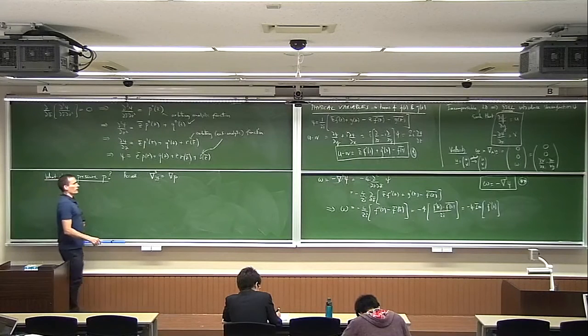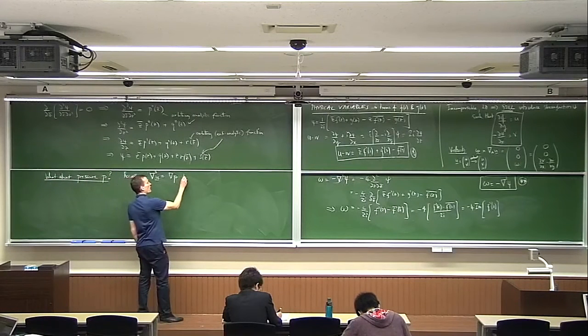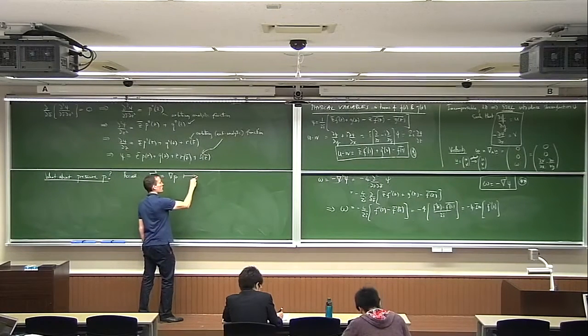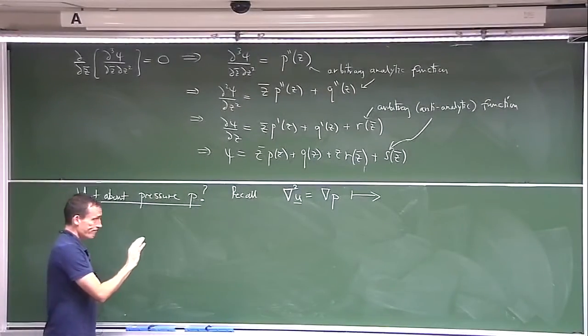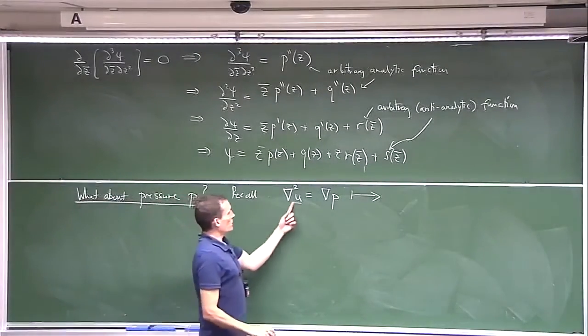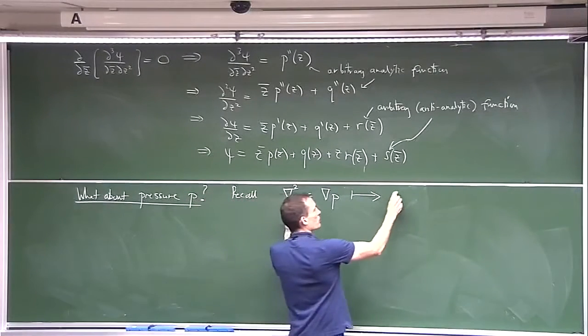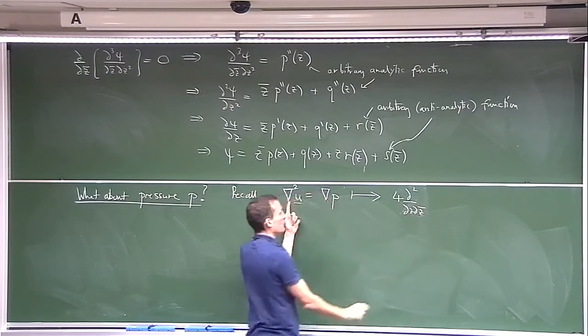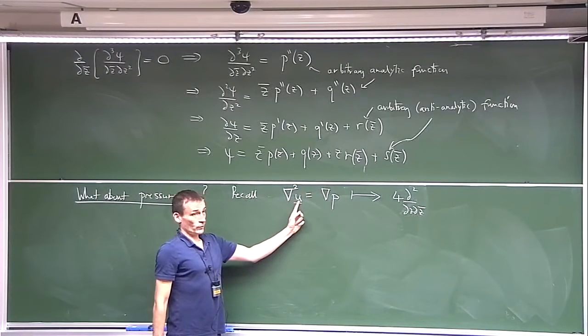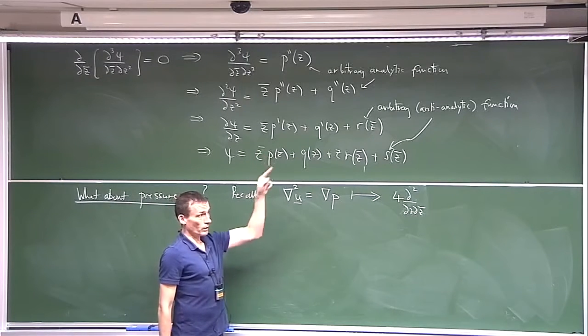Let's write this in complex notation. Remember my arrow notation from last time, which means let's write this in complex notation. Well, del squared we know is just 4 ∂²/∂z∂z bar. Complex form of the vector (u, v) is of course u plus iv.